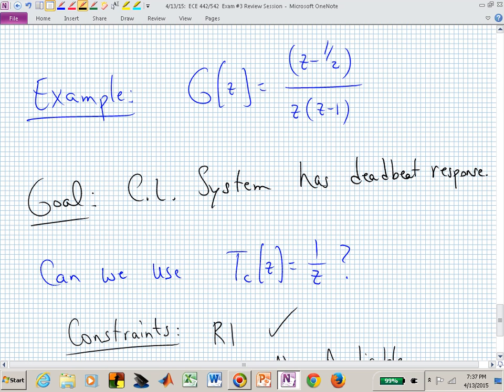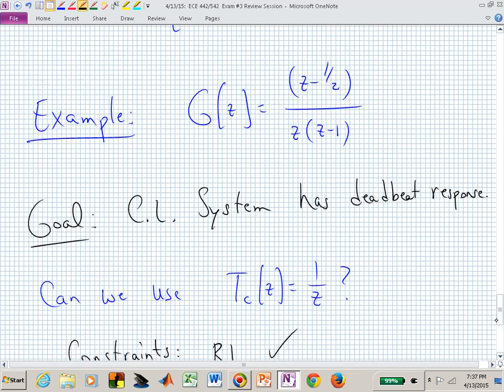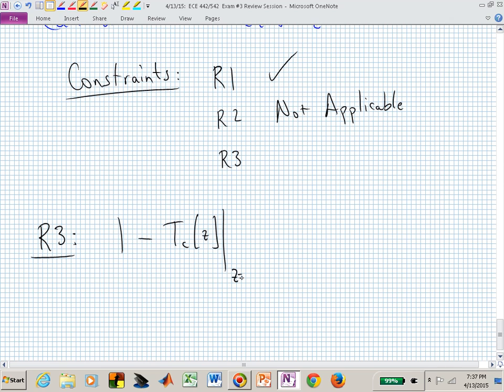And what do we need to do for this one? R3 says that we want 1 minus T sub C of Z, where do we evaluate T sub C of Z? At that location, which is Z equal 1. And we want that to be 0, don't we?